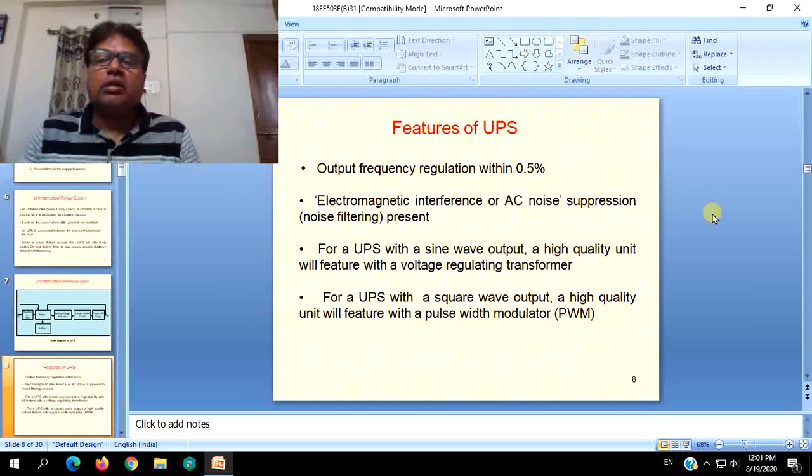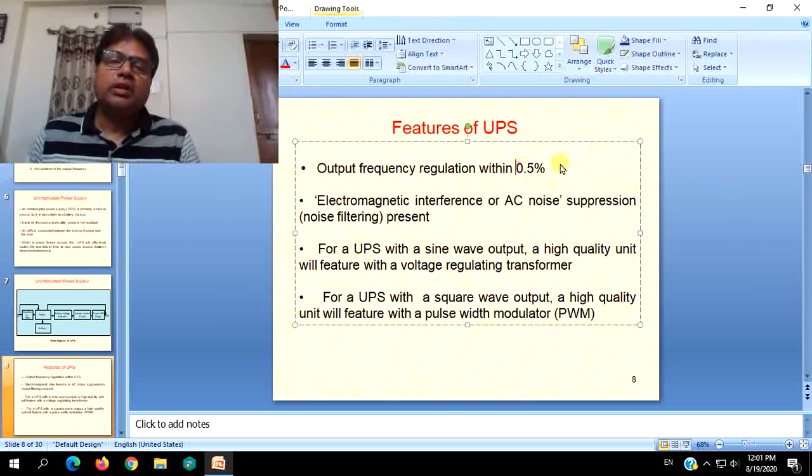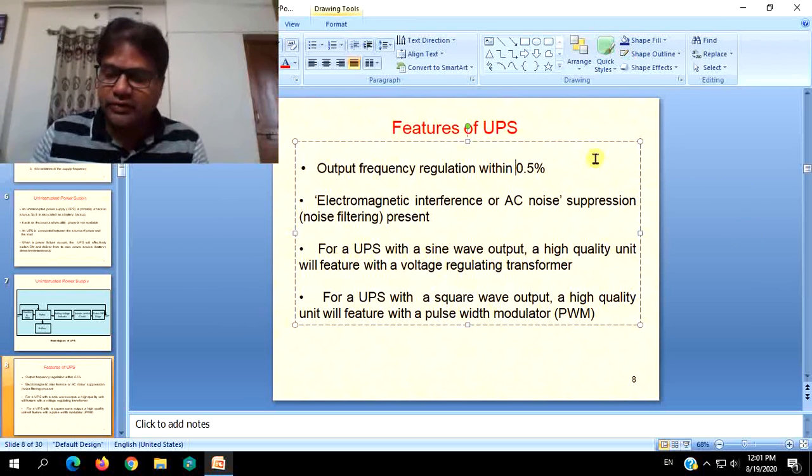That is 47.5 to 52.5 Hz. Regulation within plus or minus 0.5.